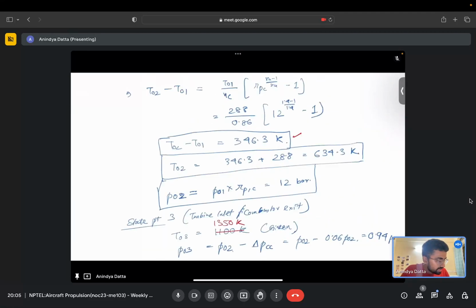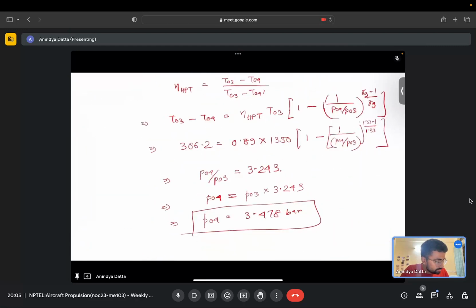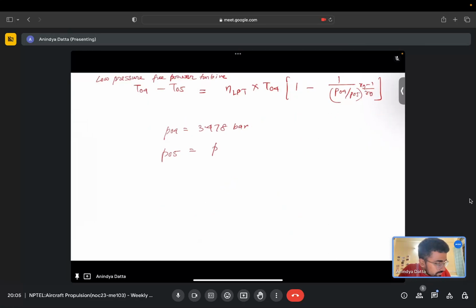So P05 has to be ambient plus the pressure loss due to exhaust. This is 1 bar plus 0.03 bar, so P05 is 1.03 bar.